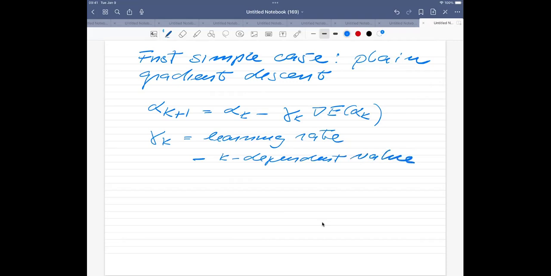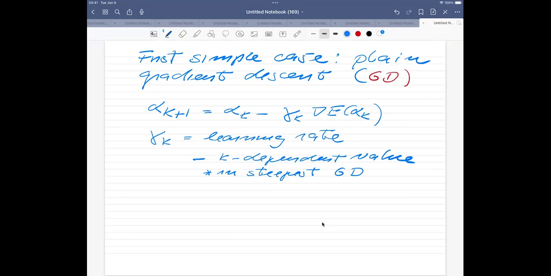This can be done if you do steepest gradient descent. Steepest GD, where GD stands for gradient descent. When you see that abbreviation, this is just plain gradient descent.